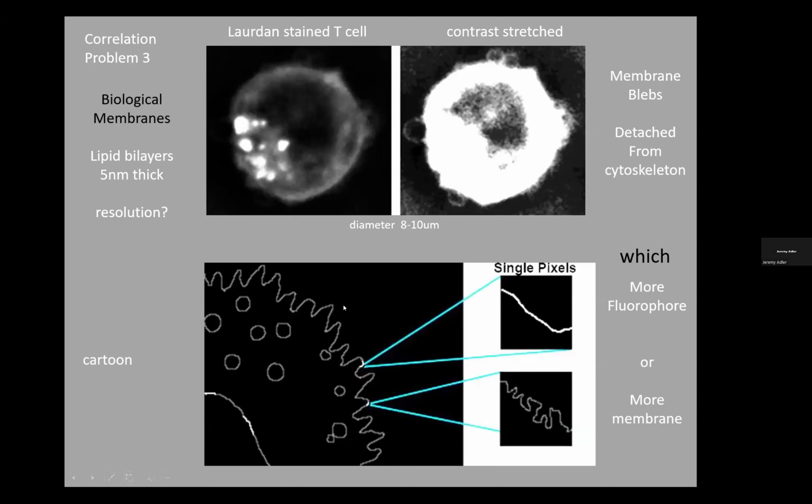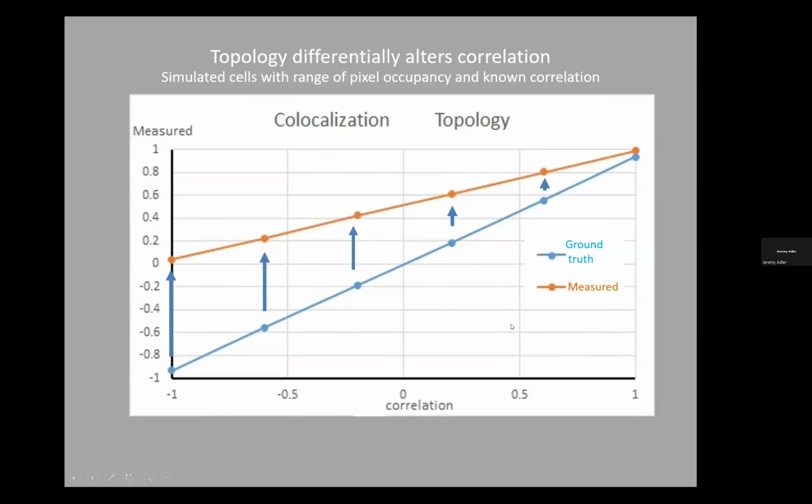The issue is that our region of interest doesn't fill a pixel, and it varies, and this creates a correlation of its own. So instead of reporting a nice negative correlation, we get a much more positive correlation, which is obviously somewhat misleading.